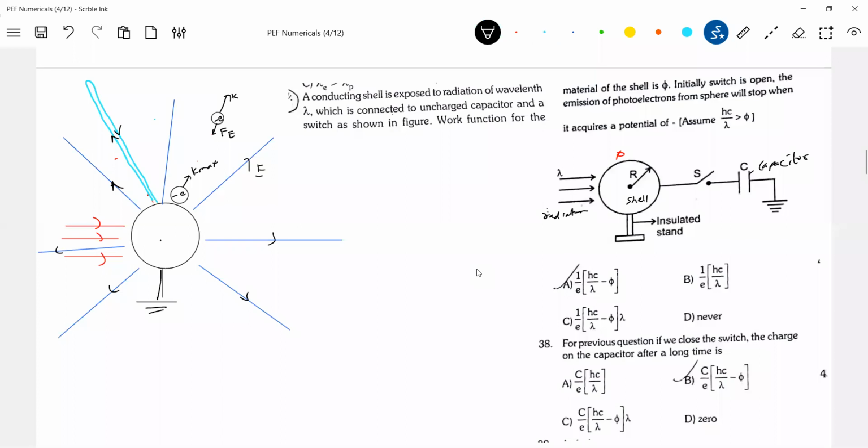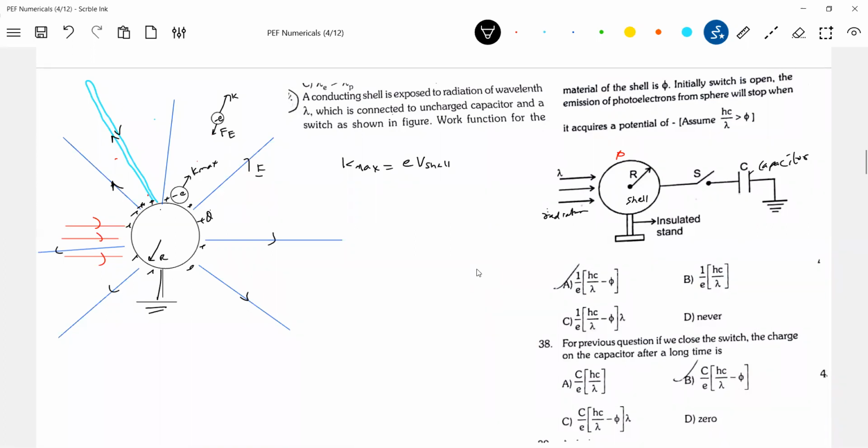Therefore a net charge will be built up on the shell, so it has acquired a potential. What is being asked is the potential it acquires, so K max should be equal to the charge of the electron times that potential.